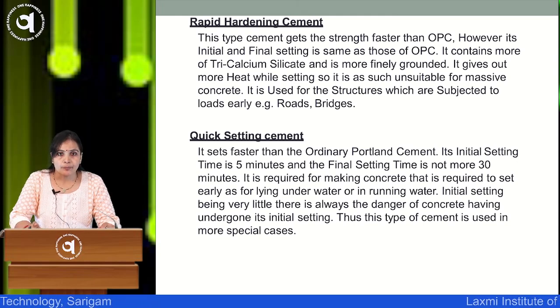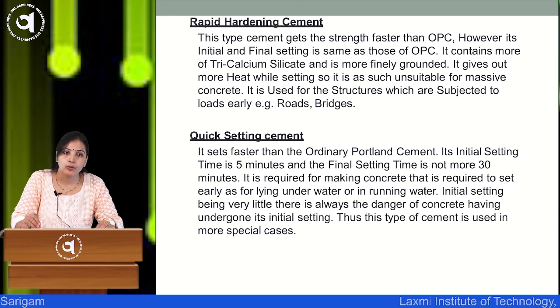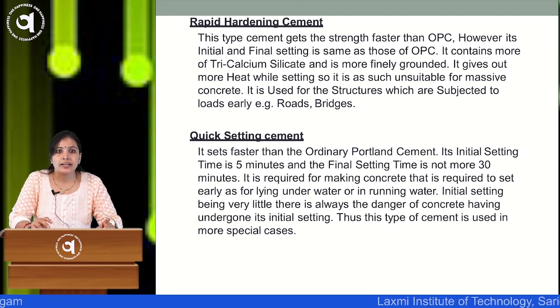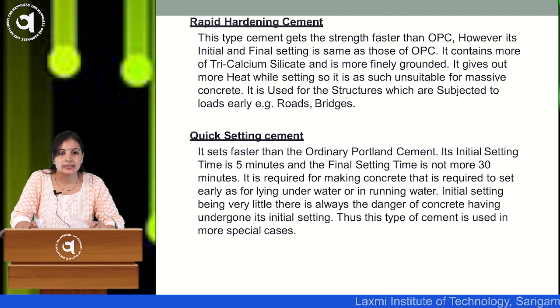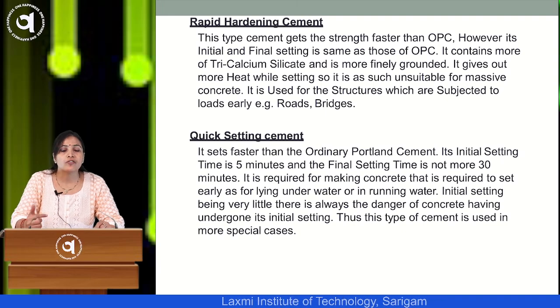Rapid hardening cement. This cement gets the same strength as that of OPC. What is OPC? Ordinary Portland cement. Its initial and final setting time is the same as OPC, but it contains more tricalcium silicate and is more finely ground, meaning fineness is more than other cement. So, it gives out more heat.